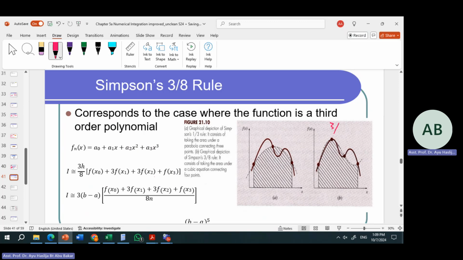Okay, this is 3/8. Single application of Simpson 3/8, n equals 3. Minimum, you should have 4 points.